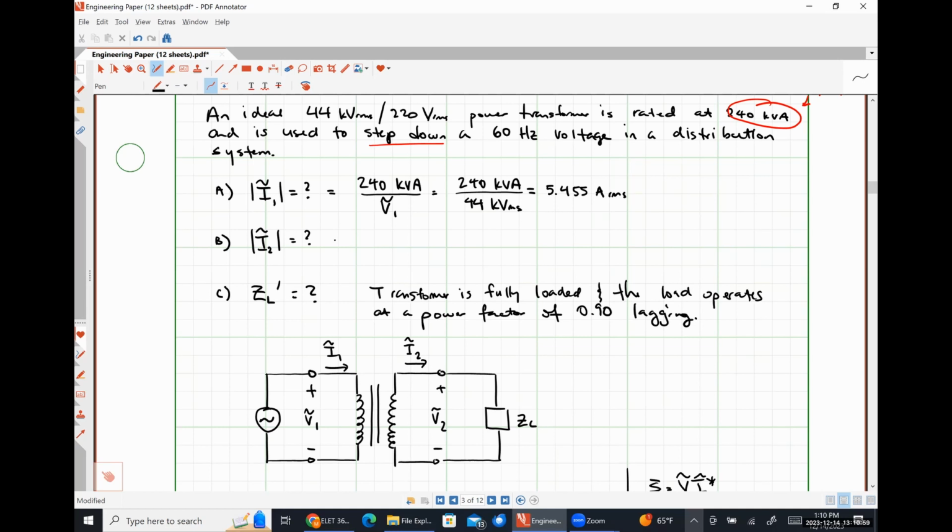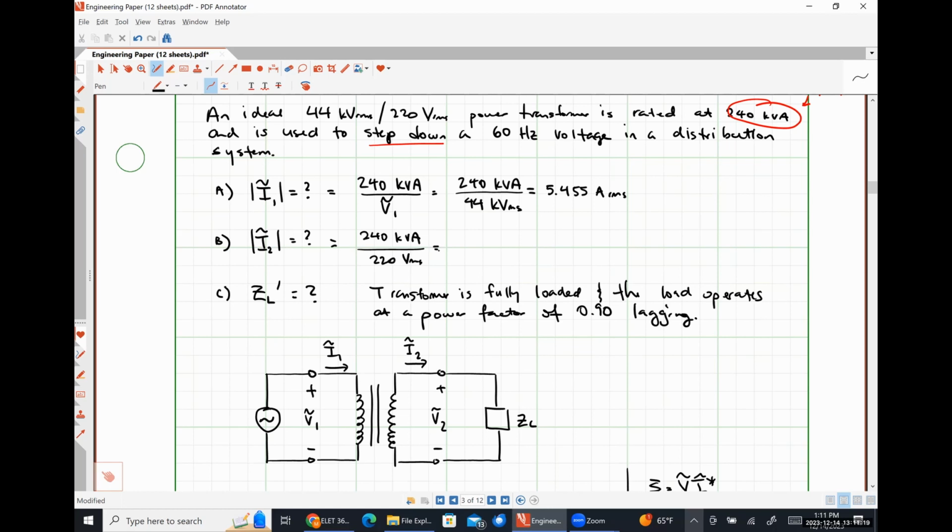Very similarly, I can say that the magnitude of my secondary current, I2, is 240 kilovolt amperes divided by 220 volts RMS.